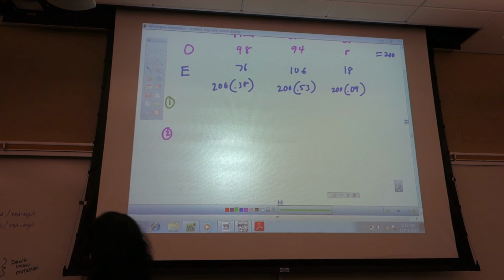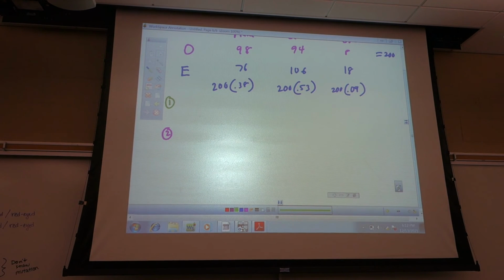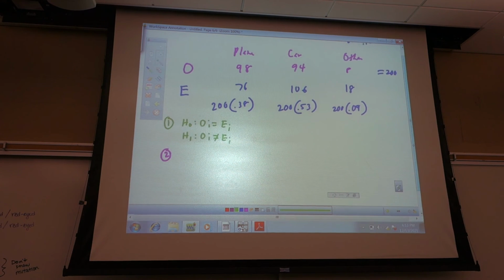Okay, so let's take a look at this one. Number 1. Angela, what's step 1? Yep, H naught is O sub I equals E sub I. And H1 is what? O sub I does not equal E sub I. Good. And then this is chapter 11, so which one's my claim?